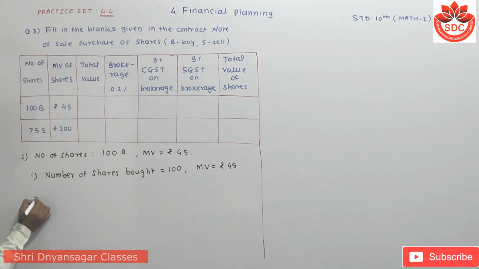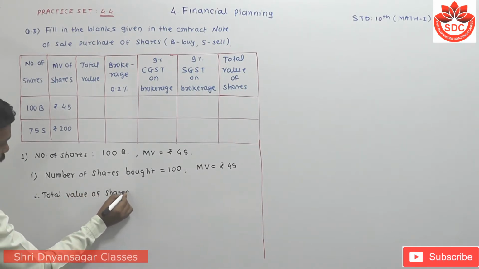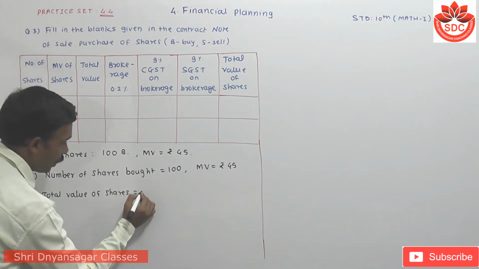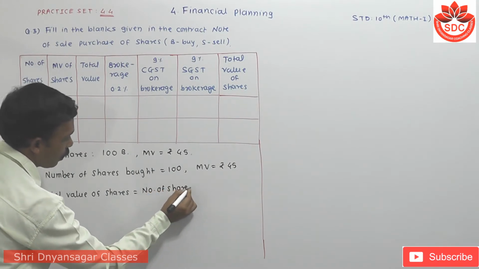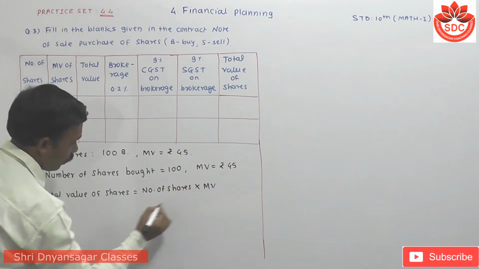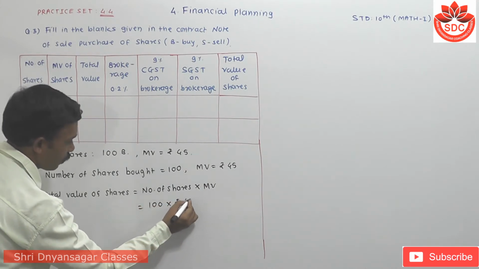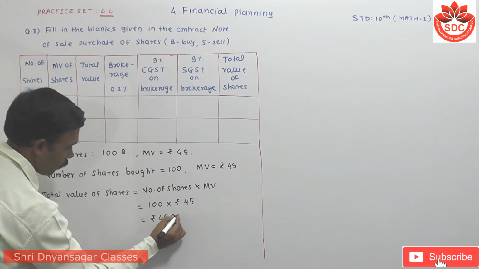Therefore, total value of shares is equal to number of shares into market value. Number of shares is 100 into market value rupees 45. It means this is rupees 4,500.